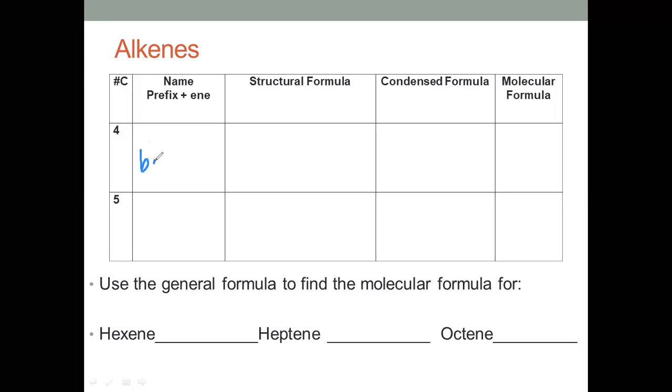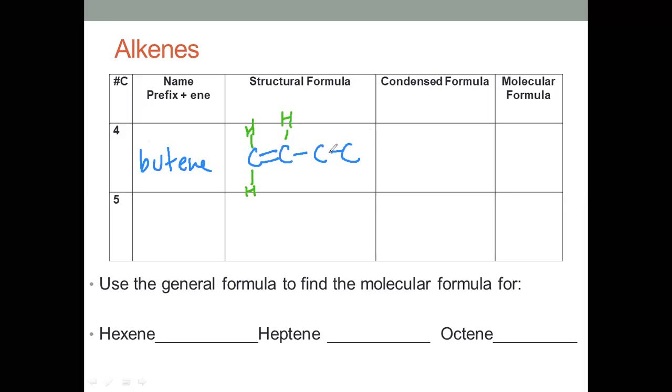Okay, so butene, 1, 2, 3, 4. Remember, 1 double bond, not 2. Okay, the first carbon, 1, 2, 3, 4. So remember, if you want, you can just do these dashed lines for H's. I'm just going to write them in. Second carbon, 1, 2, 3 bonds, so you need 1 hydrogen.